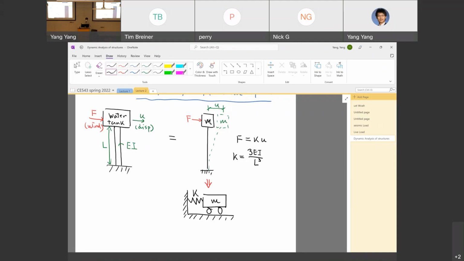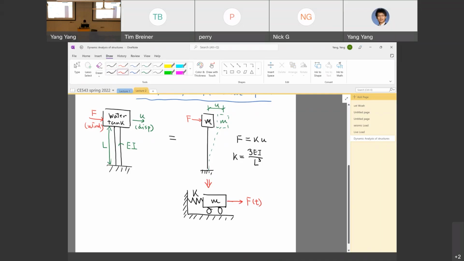So the only parameter in this system changing with time is the force. We can easily incorporate the force as a function of time. Instead of having a constant force here, we have a force varying with time.